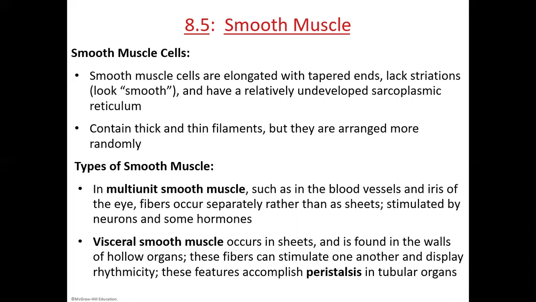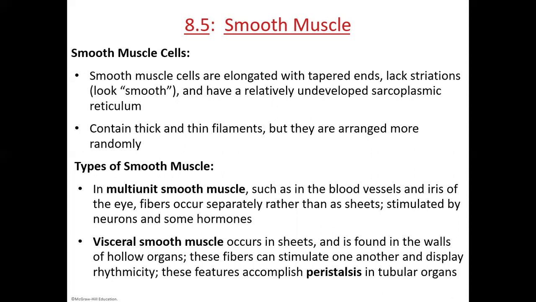They're not pulling all together to pull against a bone. Instead, they're pulling to move something through a hollow organ. So a good example of that is in your digestive system. The smooth muscle cells are pushing this food through your esophagus, stomach, and intestines.